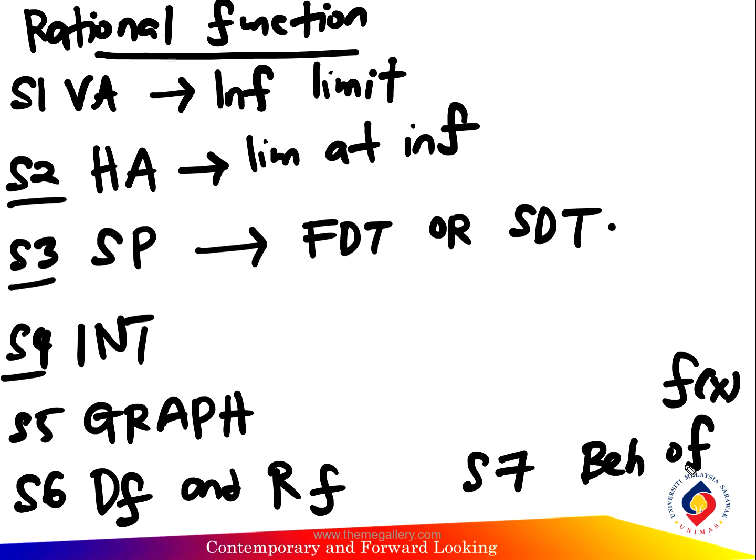Okay, rational function step by step. First, step 1, you find the vertical asymptote of the rational function, using the infinite limit.